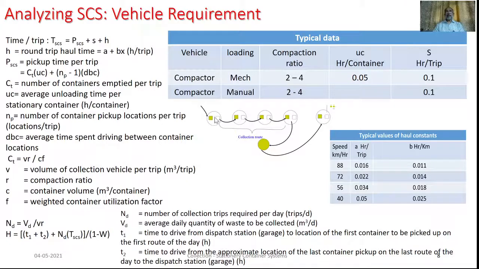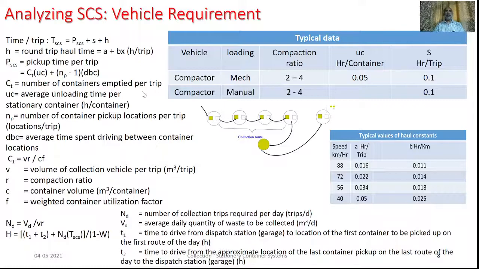Hence, the number of containers located at the various locations and their corresponding unloading time will be taken into account by the first part of this expression as CT into UC. Whereas traveling in between these particular container locations would be given by NP minus 1 times dBc. Here, NP is the number of container locations per trip and dBc is the average time spent driving between the container locations.